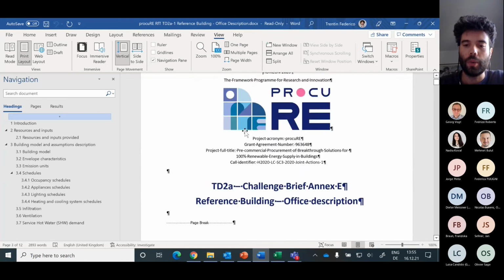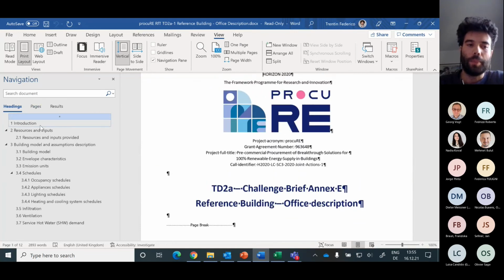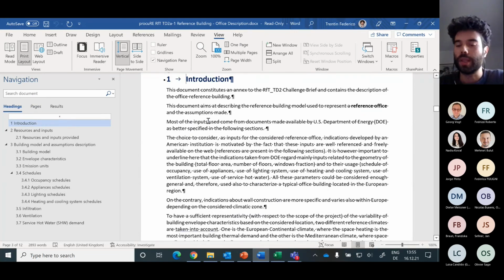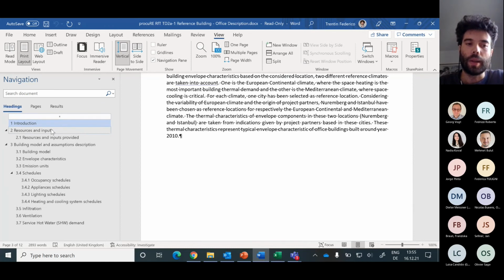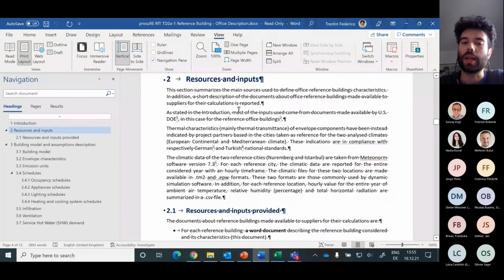I open it here now, and basically after an introduction that explains the scope of this document, we also reported a couple of sections in which the various resources used are mentioned.